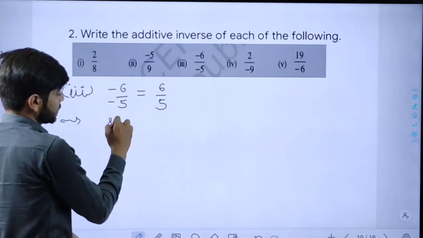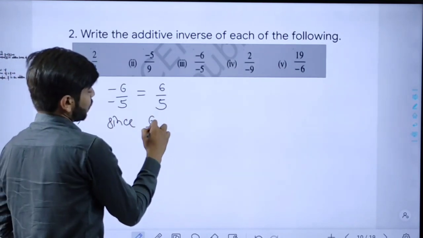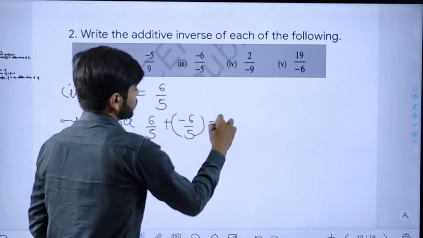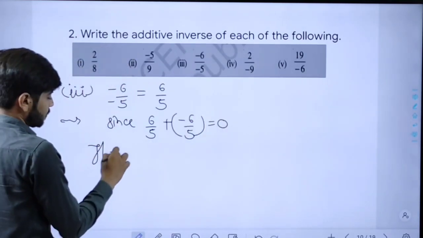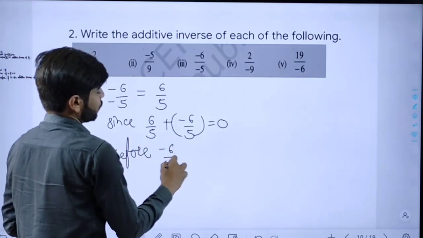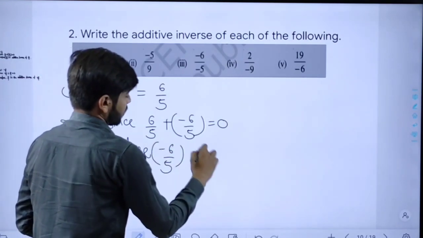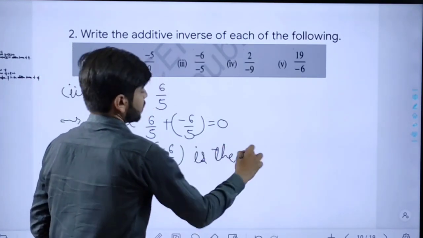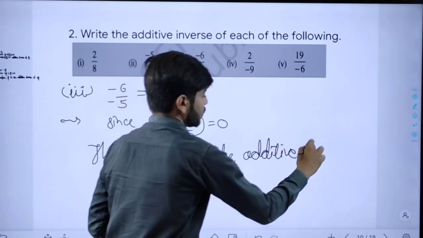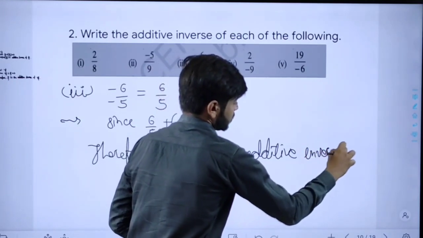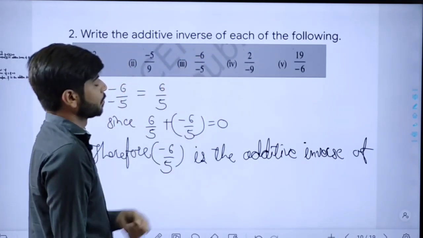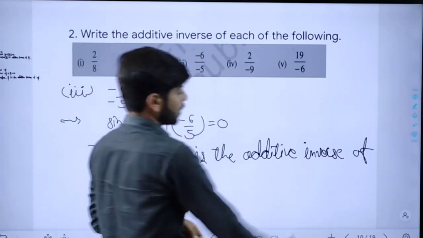So since 6 upon 5 plus minus 6 upon 5 is equal to 0, therefore minus 6 upon 5 is the additive inverse of, you can say minus 6 upon minus 5 or you can say 6 upon 5, both are same.